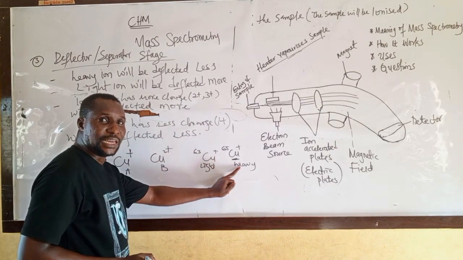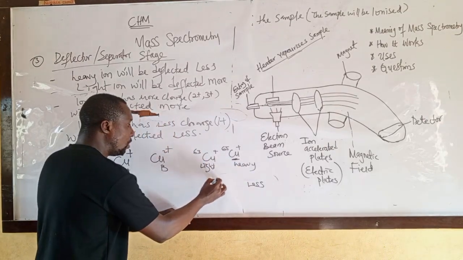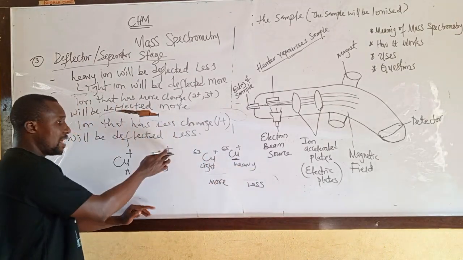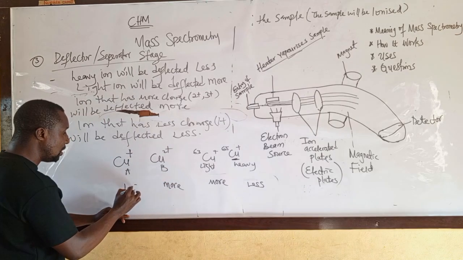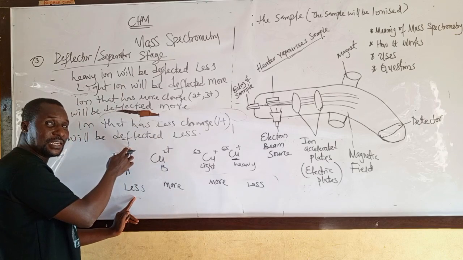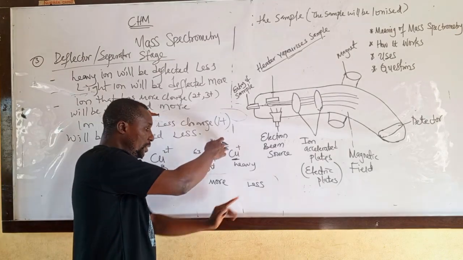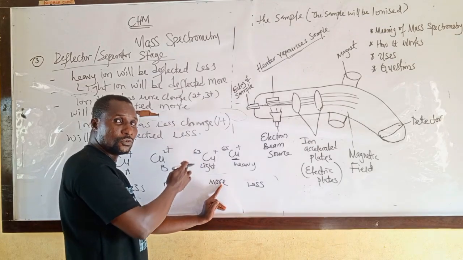This one will be deflected less. This one will be deflected more. More charge will be deflected more. Less charge will be deflected less. Heavy will be deflected less. Light will be deflected more. Take note of that.